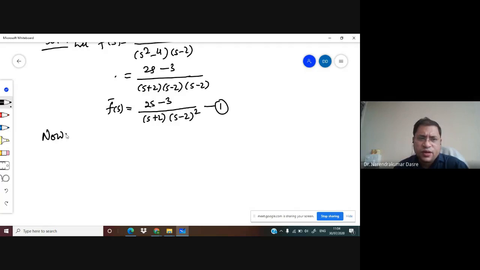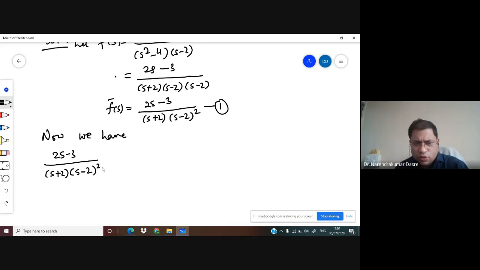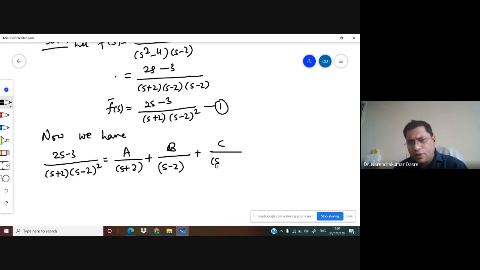Now we have 2s minus 3 upon (s plus 2)(s minus 2) bracket square is equal to a upon s plus 2, plus b upon s minus 2, plus c upon (s minus 2) bracket square.